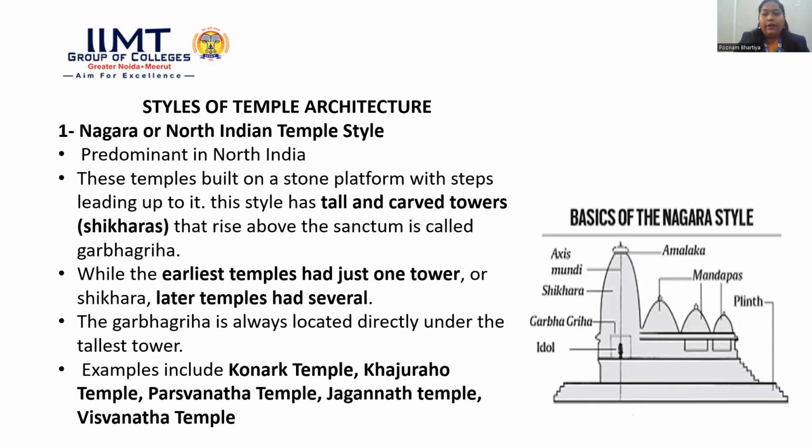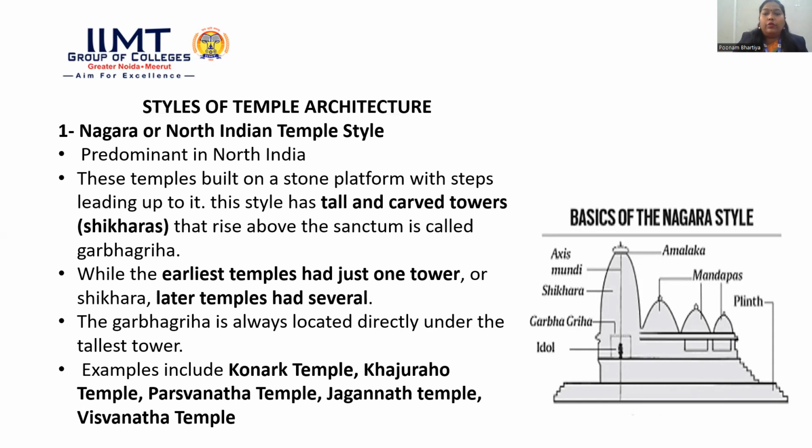While the earliest temples had just one tower or shikhar, later temples had several. In the earliest time period, it had only one tower in one temple, but later on they had different towers on the mandaps. But the main tower is always big.